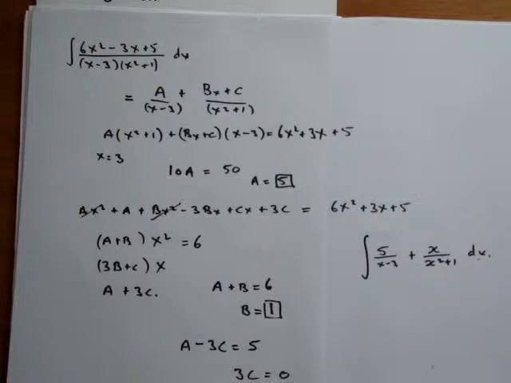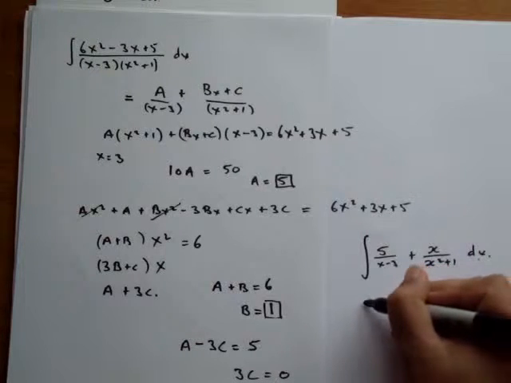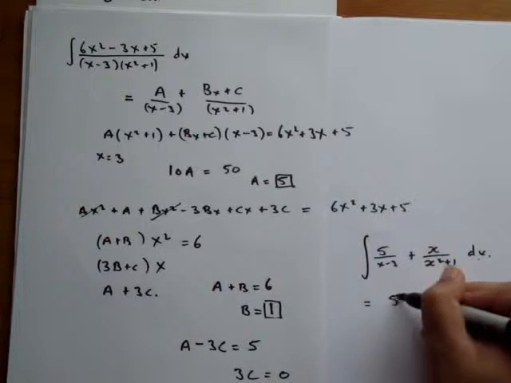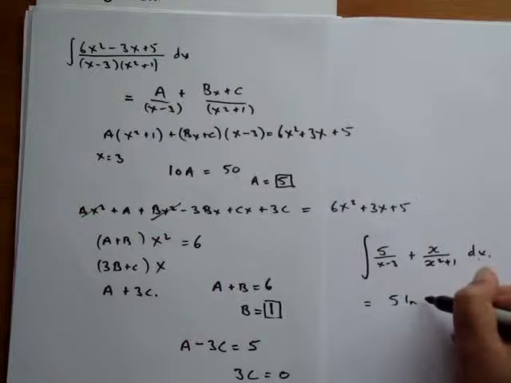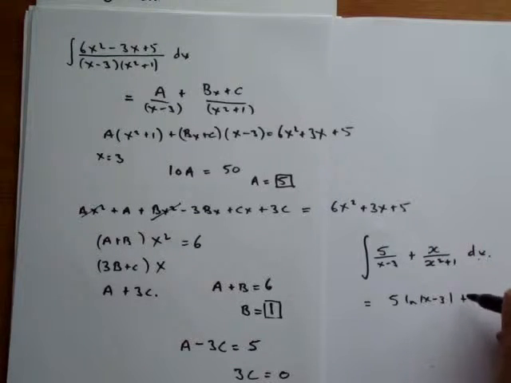And then when we do the integration, this is 5 natural log of x minus 3 plus a half natural log of x squared plus 1 plus c.